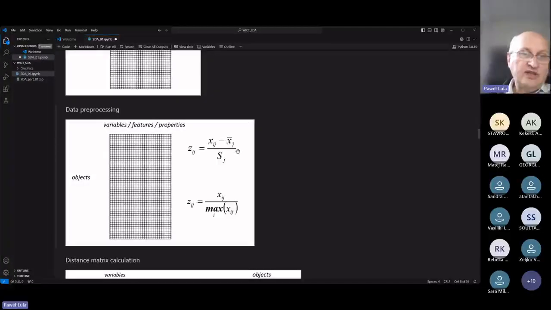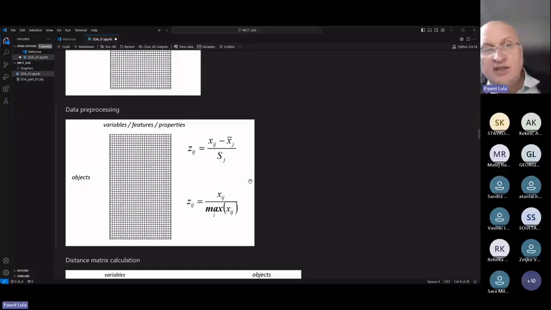And we know that dispersion, measured by standard deviation or variance, we can use as a measure of the amount of information which we have in a given variable. So after using this transformation method, the amount of information carried by every variable is the same.